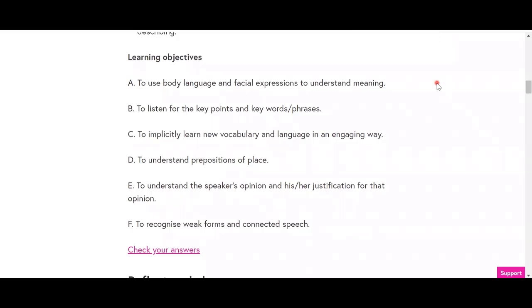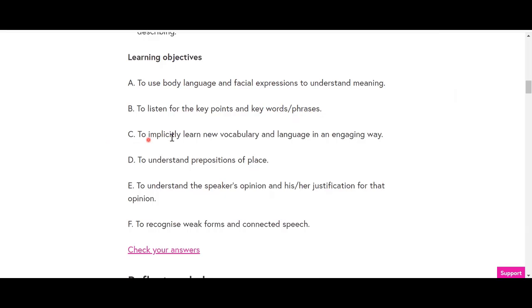Okay, we have read all the 6 outlines already. So now we continue reading the learning objectives, and then we're going to match those 6 outlines with the learning objectives here. A, to use body language and facial expression to understand meaning. B, to listen for the key points and keywords of phrases.